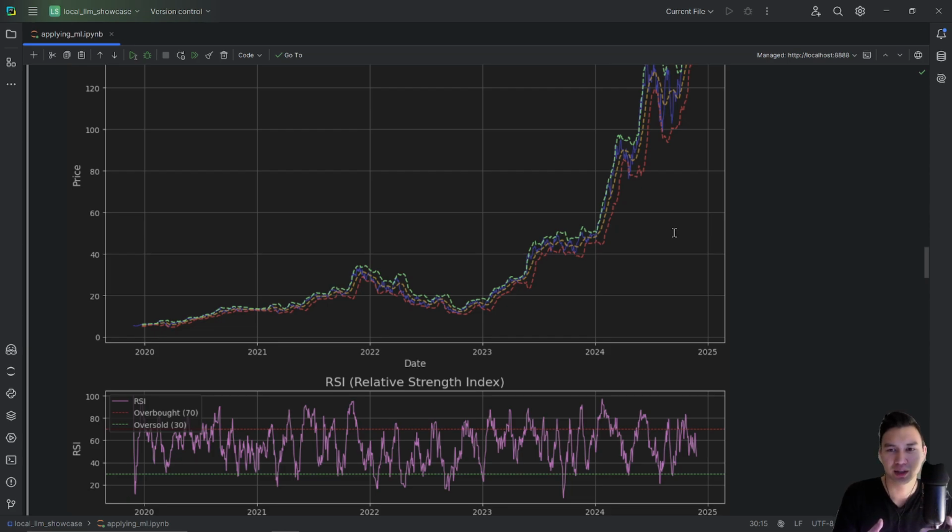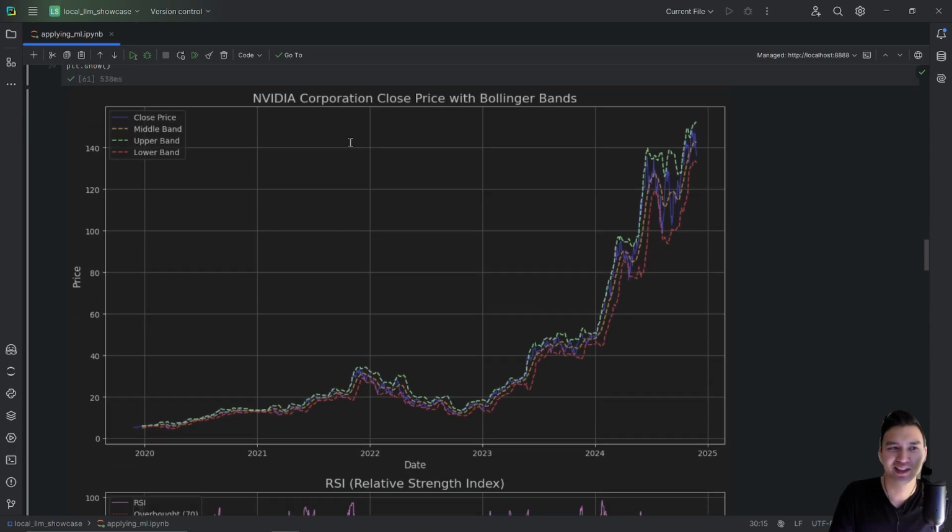If the green and the red line diverge, that's just saying that there's more volatility, right? The standard deviation of the stock prices is bigger, so that's more volatile. But the gist of the Bollinger Bands is, if it's hitting the red line, you go long. If it's hitting the green line, you're supposed to go short. Maybe I should actually change this chart up.